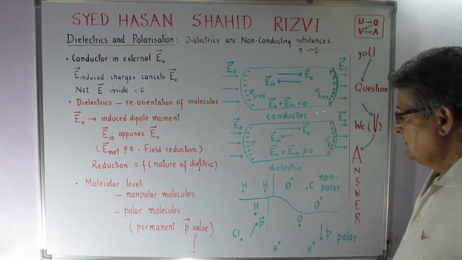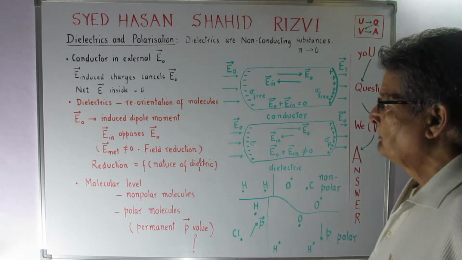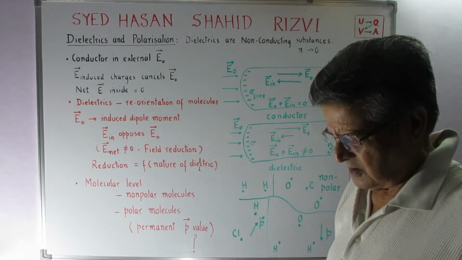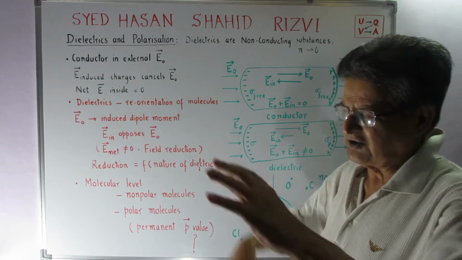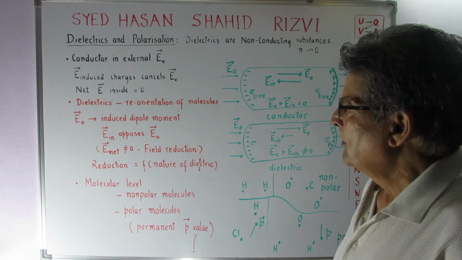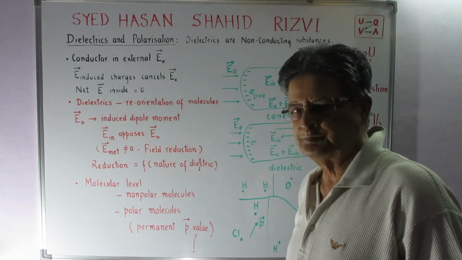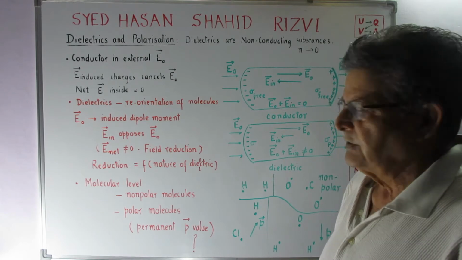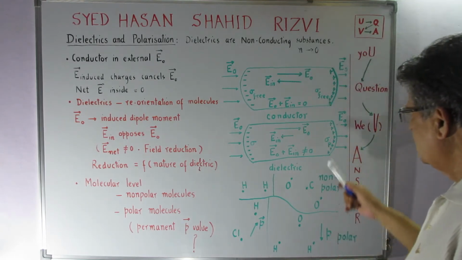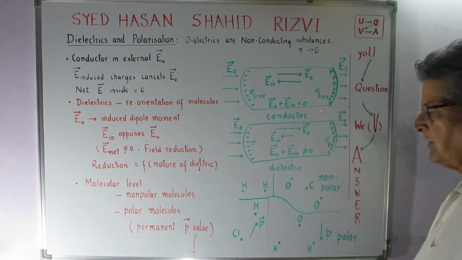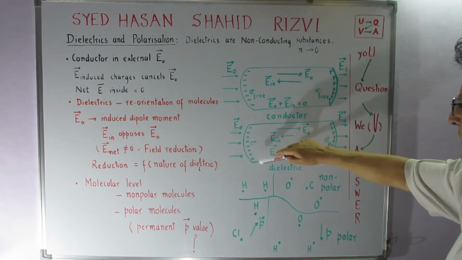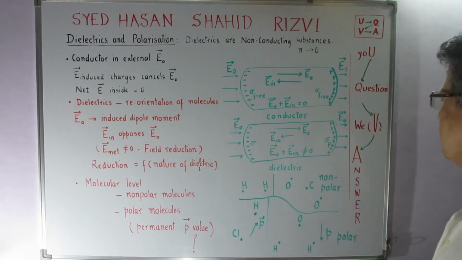This is about the conductors. But in the case of dielectrics, the molecules are randomly situated. There is thermal agitation that may be going on. But when an electric field is applied, there comes an induced dipole moment. And due to this sigma p, which I am writing because of polarization, there are positive charges on this side and negative charges on this side, and the electric field is the same as before.